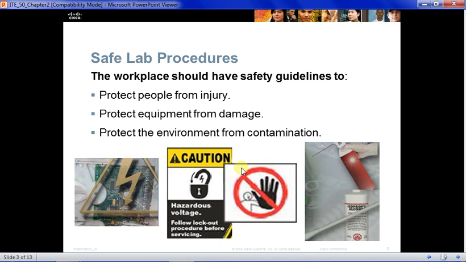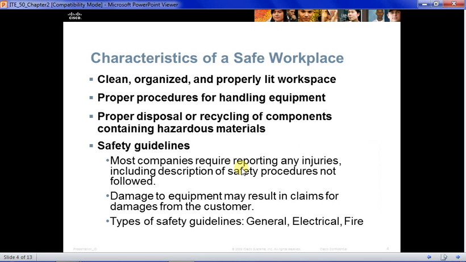So let's look at some of the characteristics of a safe workplace. One, it should be clean and organized and properly lit. That means you don't want to have computers laying around in boxes on the floor so that you trip over them. You should have proper procedures for handling equipment. There are oils in our skin. Sometimes those oils do not react well with our computer components and can cause them not to operate correctly.